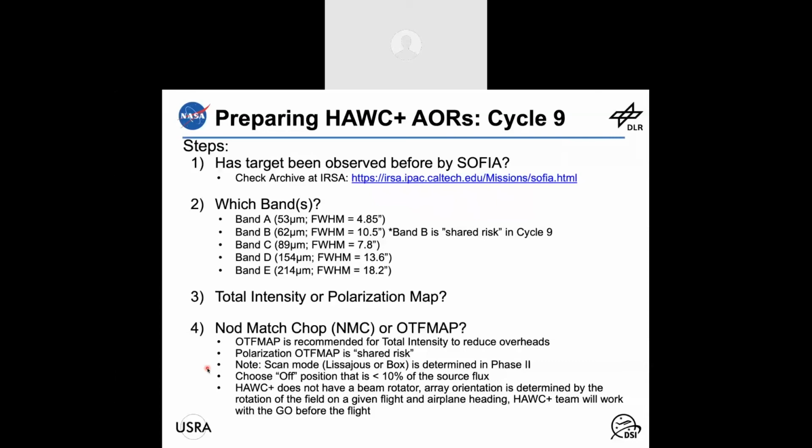So the position of the array on the sky depends on the airplane heading and the night of the flight. So when you're setting up the AOR, if you're very concerned about this, just note that the positions might change slightly, and the HAWC Plus team will work with you once the observations are planned and it gets closer to making the observations.